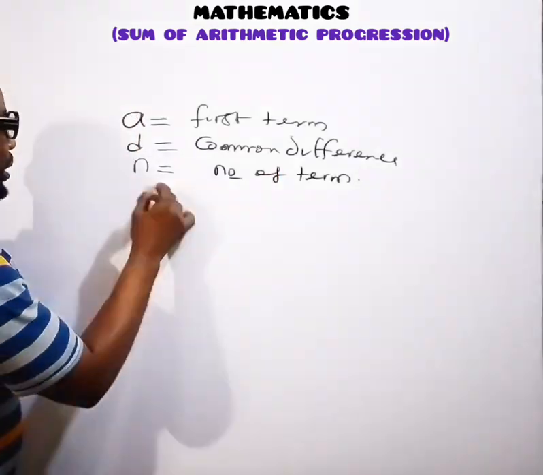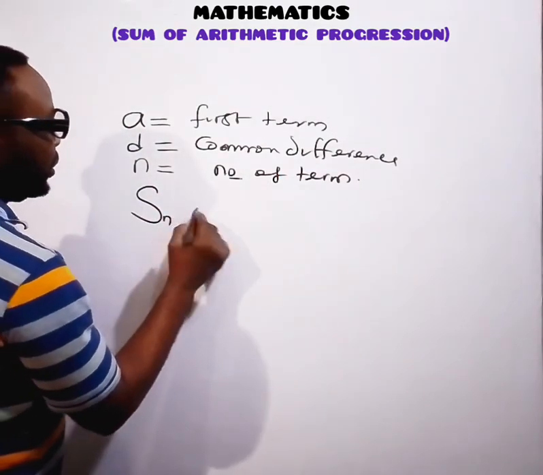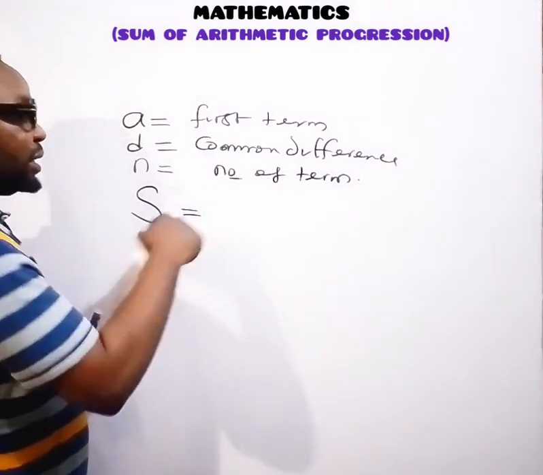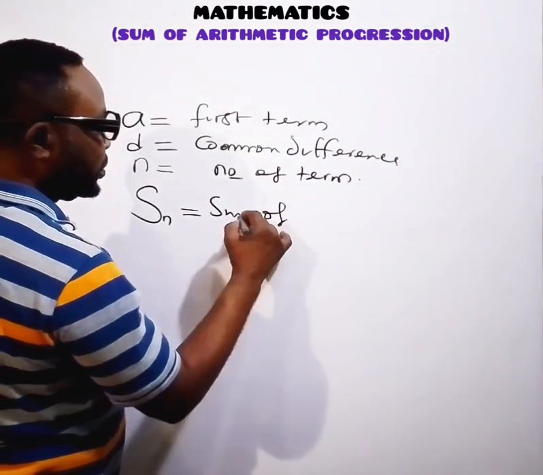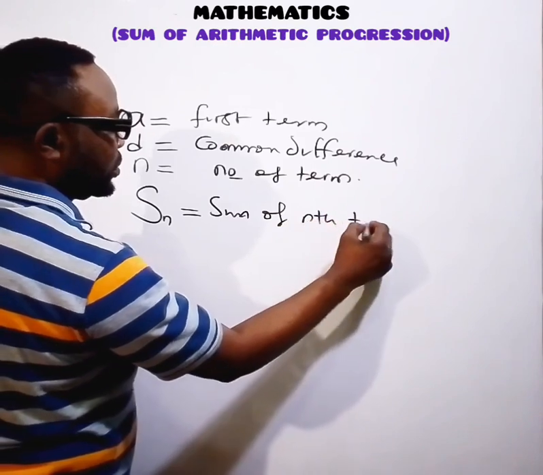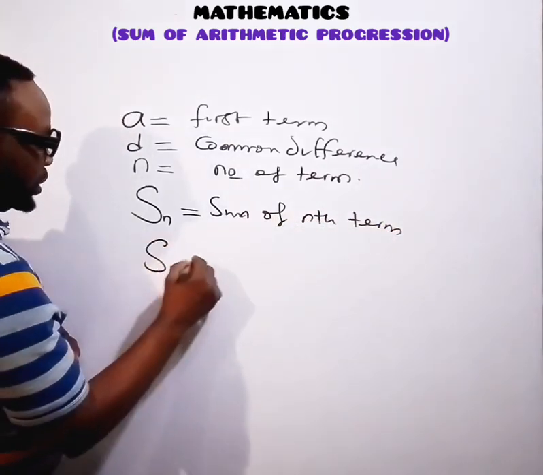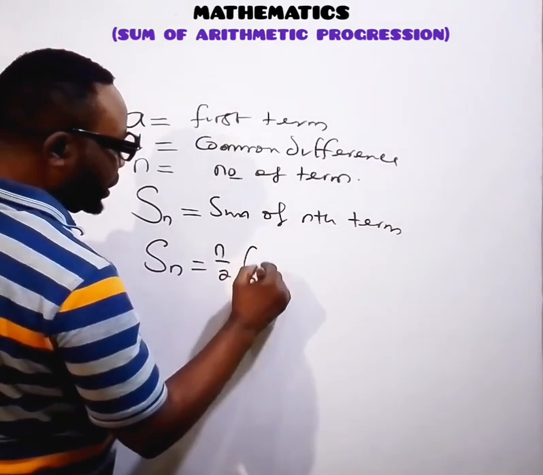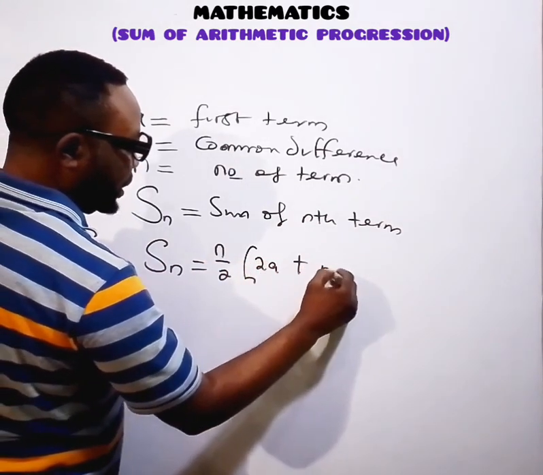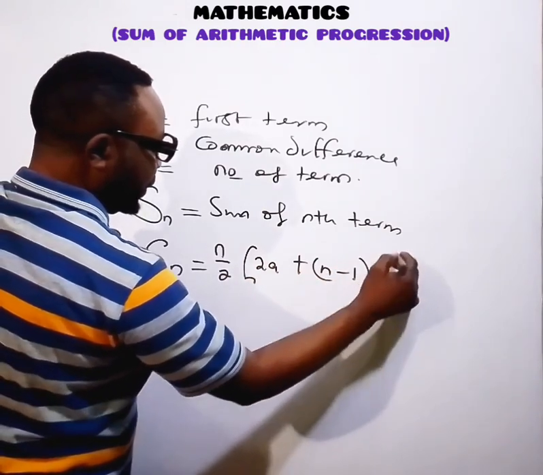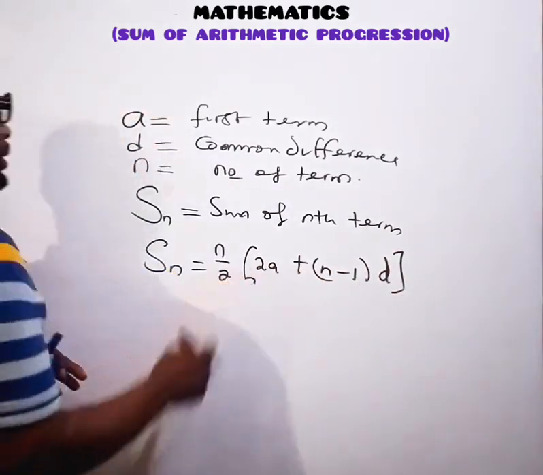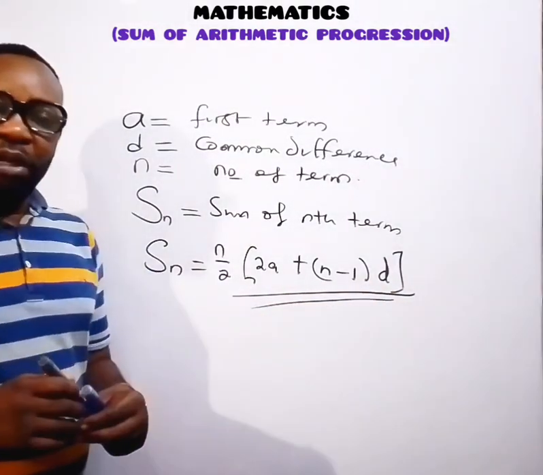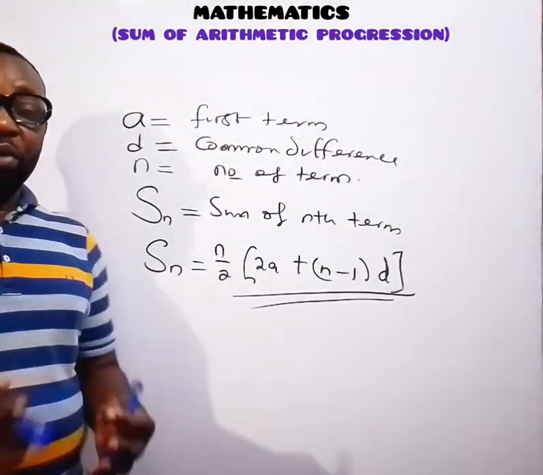The formula is this: the sum of the nth term, Sn, is equal to n over 2 into bracket 2a plus n minus 1 into bracket of d, close the square bracket.